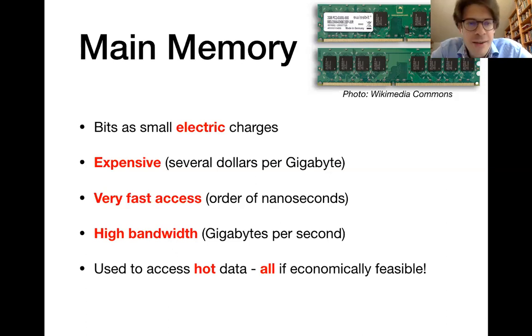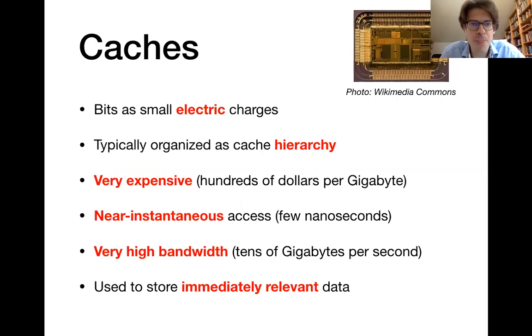So main memory and a hard disk, those are typically considered, one for storing the bulk of your data, one for storing the data that is immediately relevant, even if nowadays, more and more often you can fit significant parts of your database into main memory.